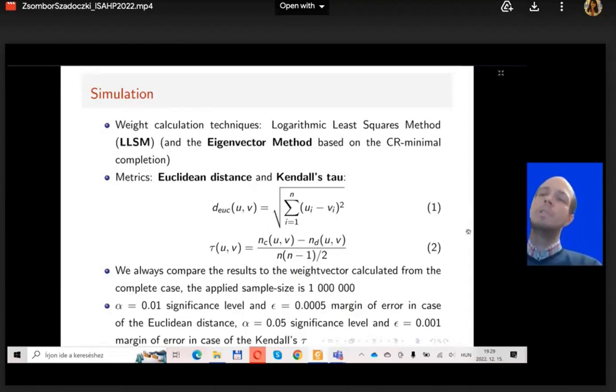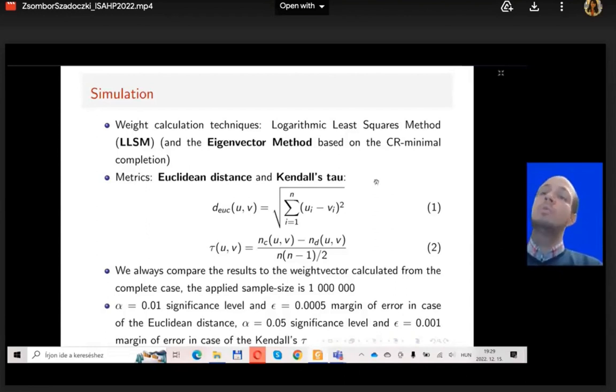And then we used the logarithmic least squares weight calculation technique and the eigenvector weight calculation technique. Basically, the two gave the same results. So we focus on the logarithmic least squares case because it is faster and easier to compute for large simulations. And of course, these were generalized for incomplete cases.